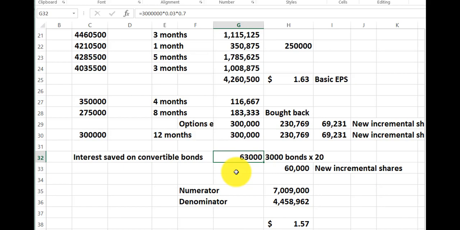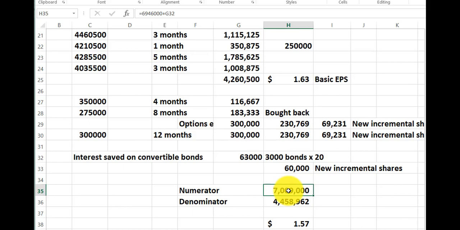So our interest only really costs us 70% of the interest cost because we get to save taxes as well. So that's our savings. And then if we did that, we would have 60,000 new shares because each bond of the 3,000 is converted into 20 shares. So 60,000 new shares.